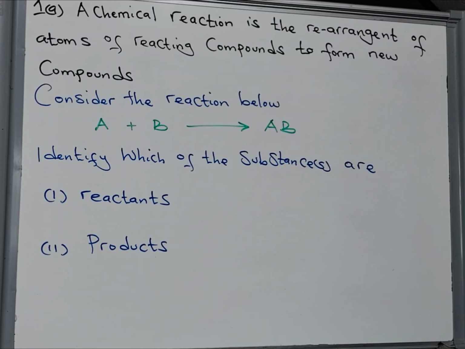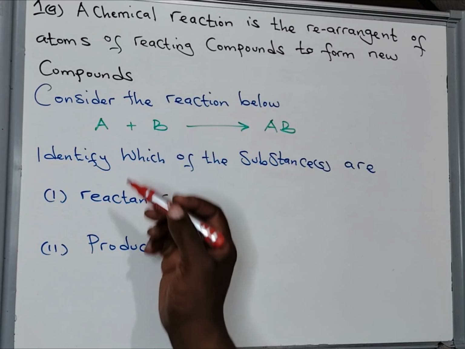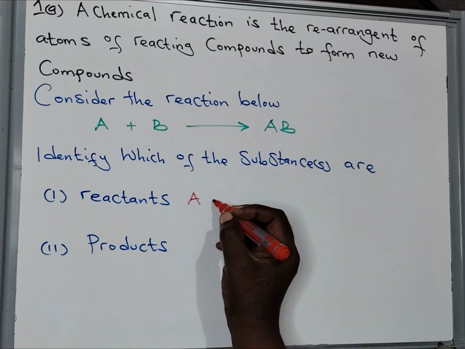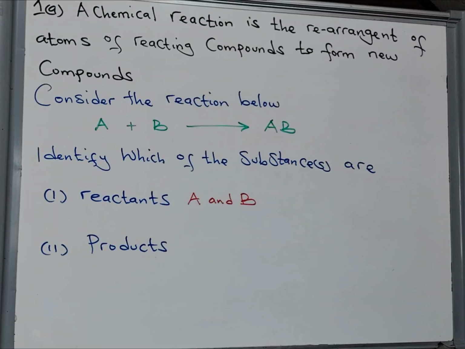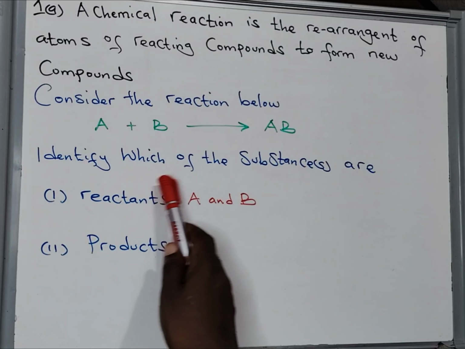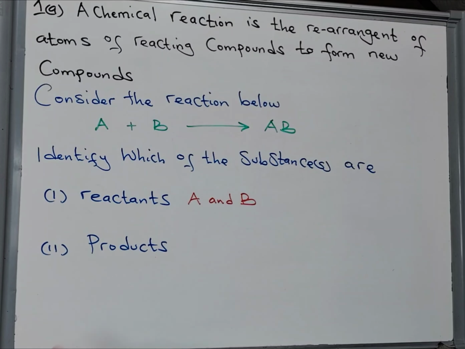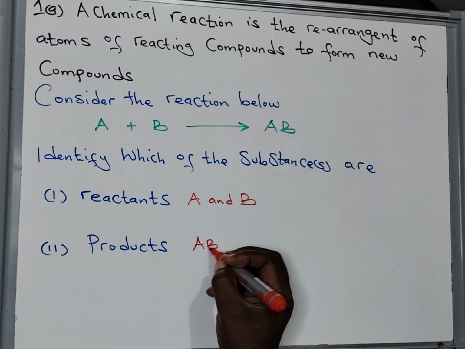So which are reactants here? Reactants are the ones which combine. So it is A and B. Then identify which of the substances are products. We have only one product. And what is it? AB.